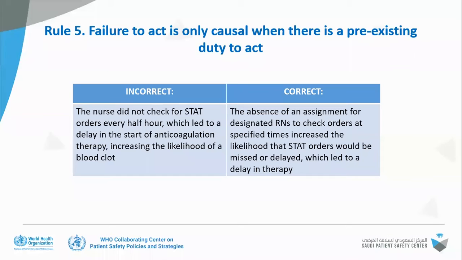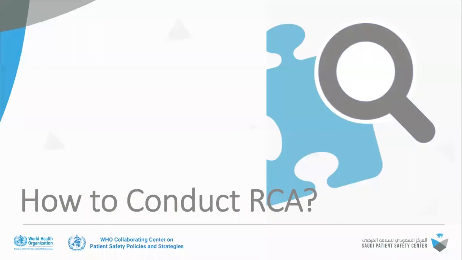Using the 5 rules of causation will help us focus more on the process issue rather than the human factor. So now we will move to how to conduct the RCA and the tools that we will use.